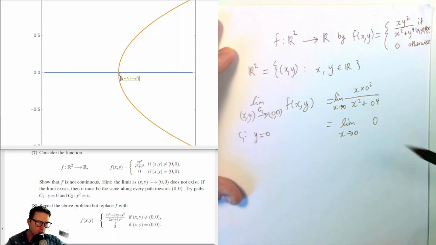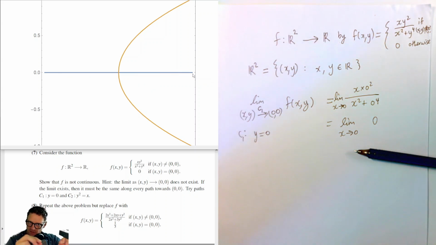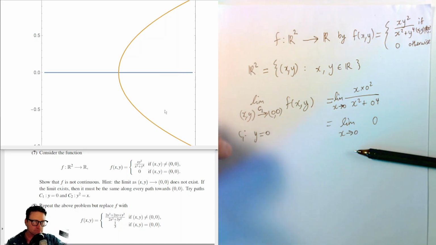Okay, so along this path, the blue path here, as we get extremely close to x equals 0 along that path, the height there is 0, right? Just like what the function tells us the value is at 0.